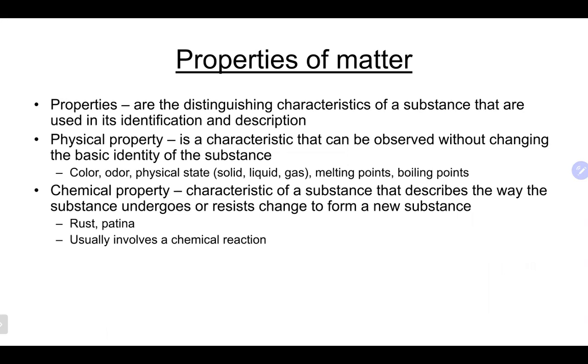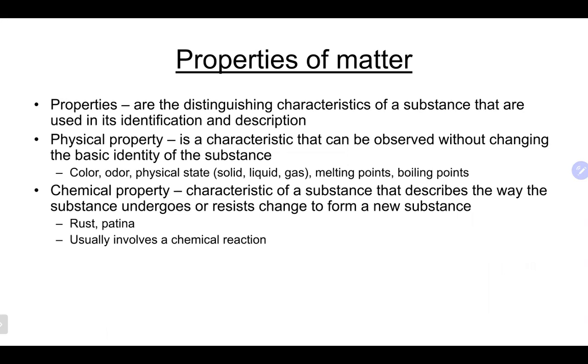That's a little bit different than chemical properties. Chemical properties are the characteristics of substances that describe two things: how they undergo chemical change, and also how they can sometimes resist chemical change. So it has to do with the change that occurs in a substance as it creates a new substance.